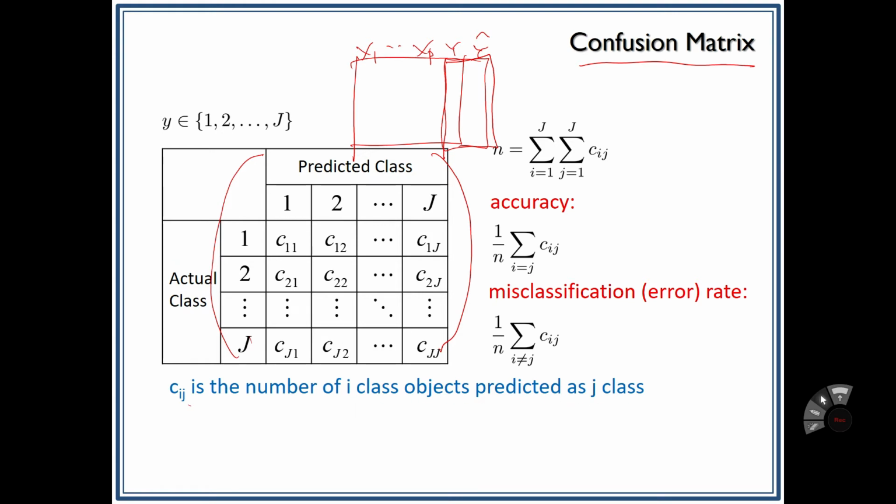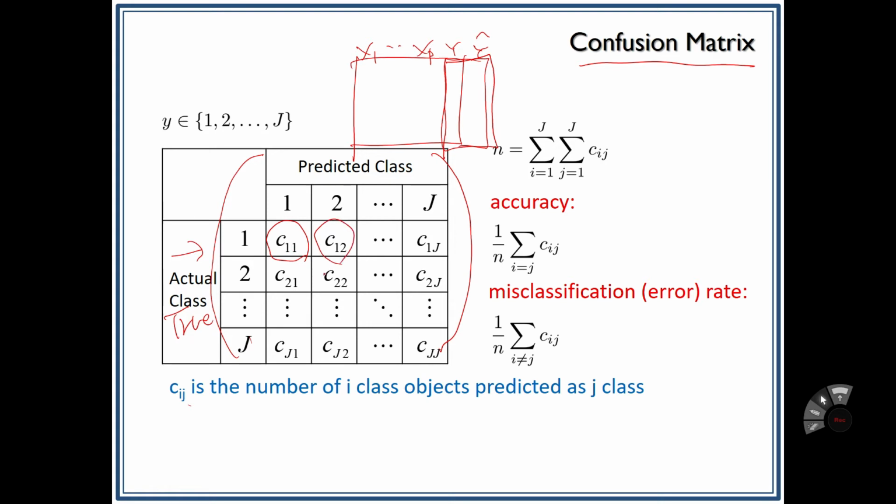You can swap the rows and columns, but in this slide the rows indicate the true class and the columns indicate the predicted classes. Then C11, for example, indicates the class 1 objects that are correctly classified as class 1. And what about this one?